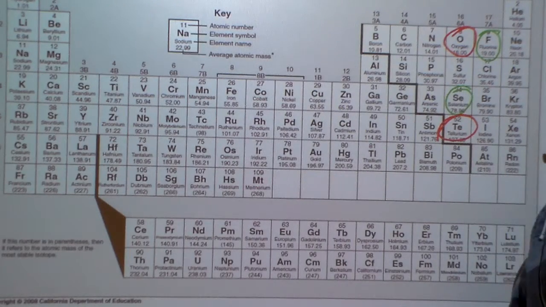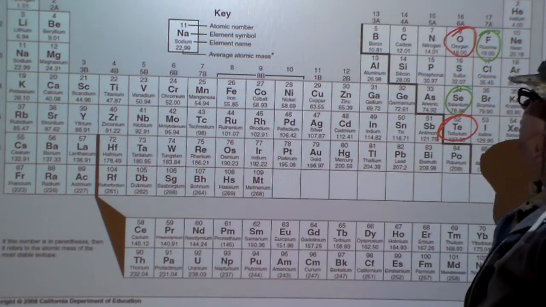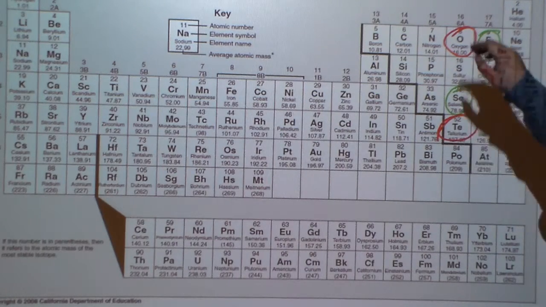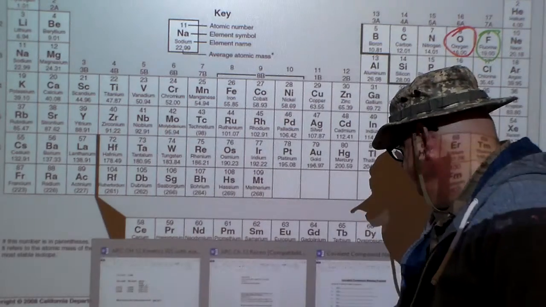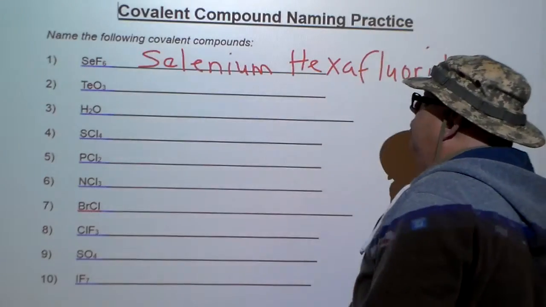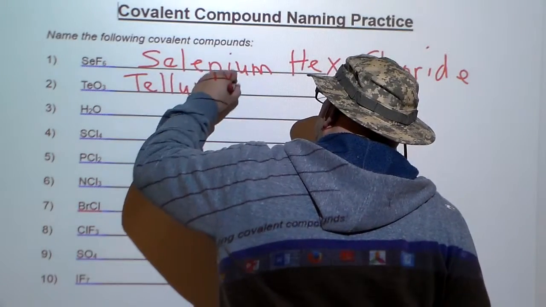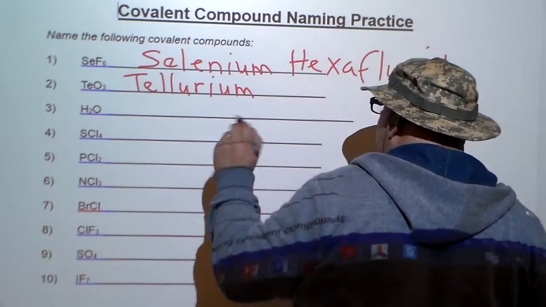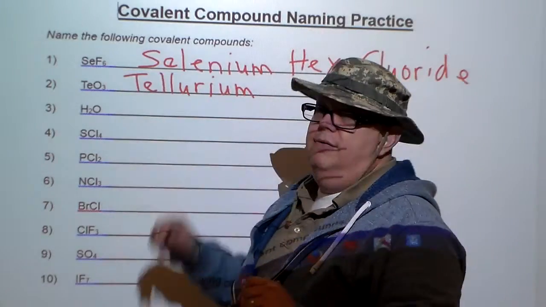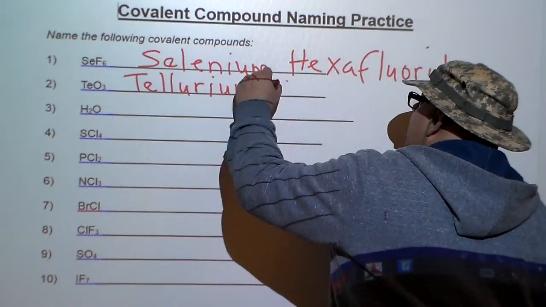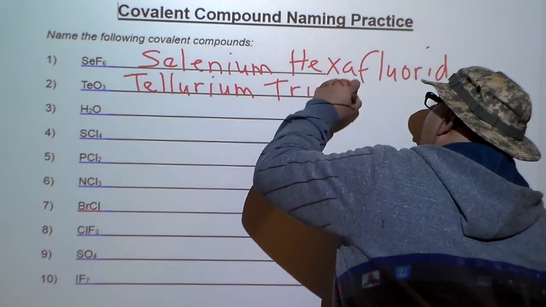So that's going to be a huge clue. So, tellurium oxide, let's see. We know that we're going to have tellurium. Now we're going to have an oxide in there, but we've got 3 of them, right? So that's going to be trioxide.